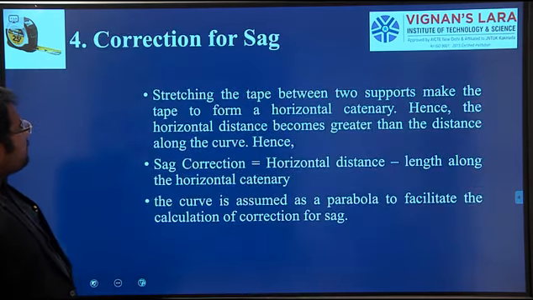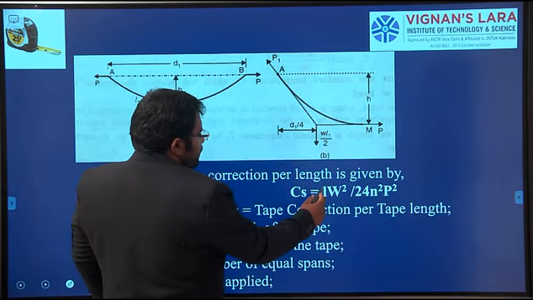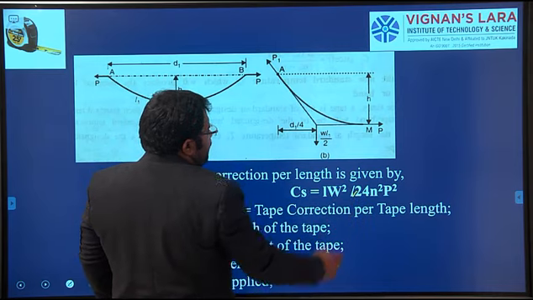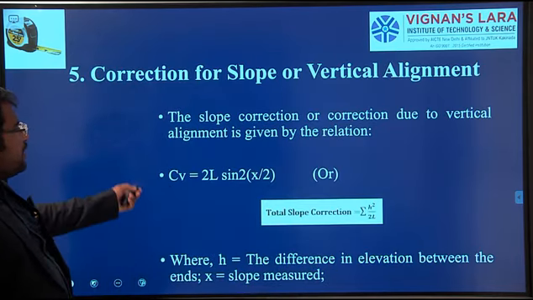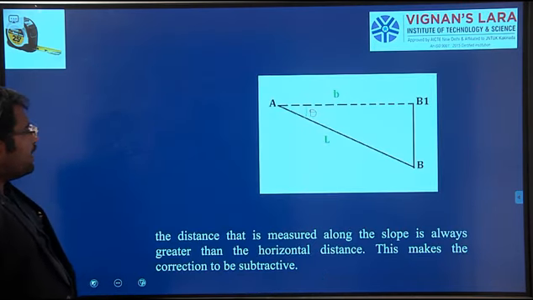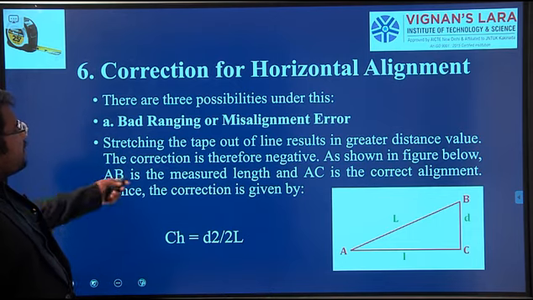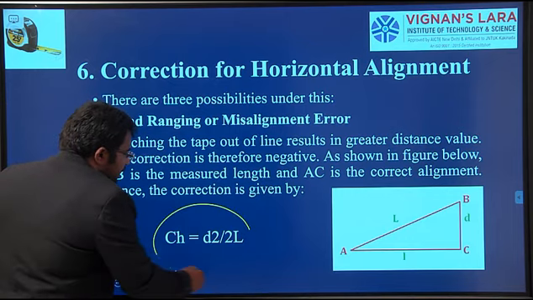Next, correction for sag, CS equals L W square divided by 24 N square into T square. Then for slope correction, it is H square by 2L.